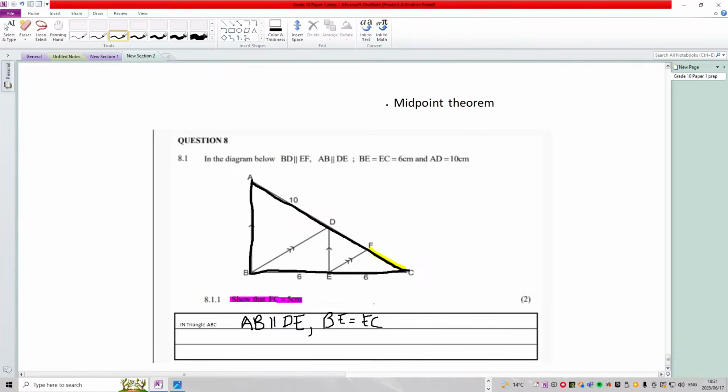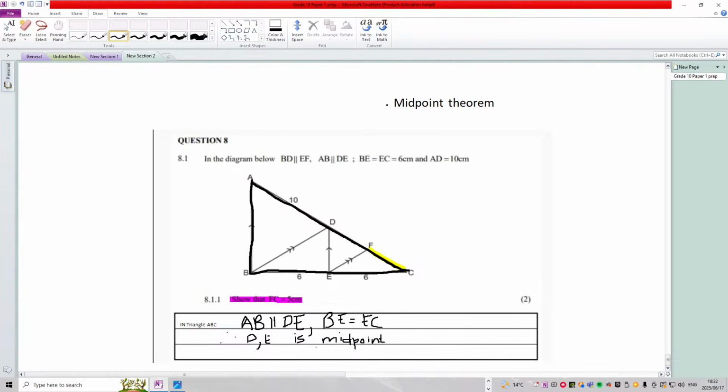Those two things tell us therefore DE is the midpoint. So in triangle ABC, we have D and we have E is the midpoint of those two lines.